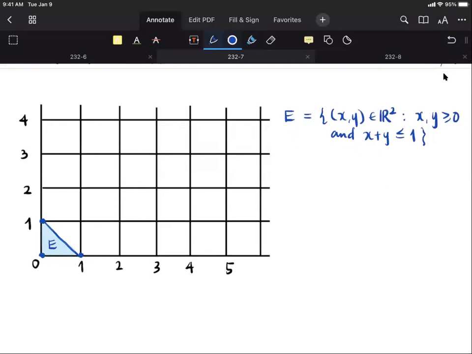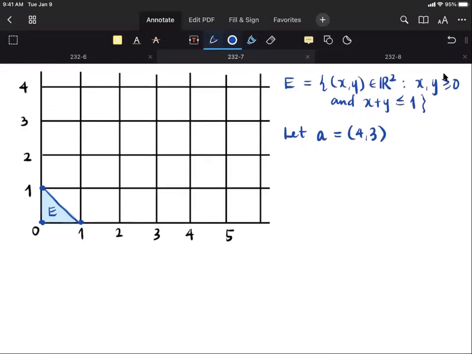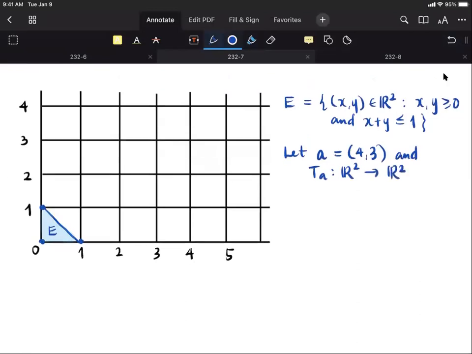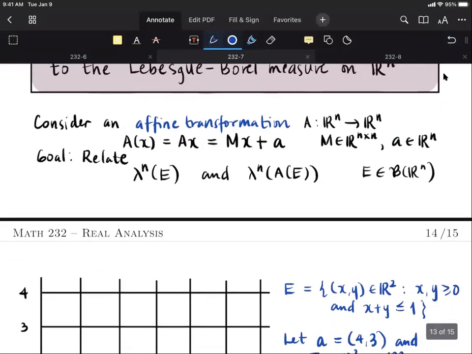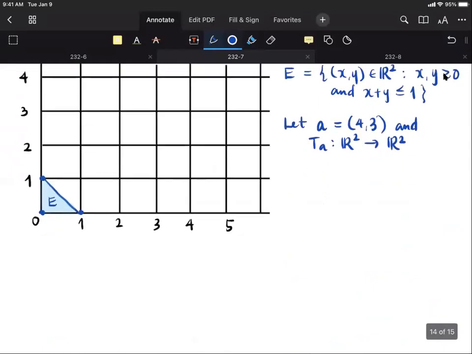What if I take the vector a to be the vector (4,3). And let us define the map T sub a from R2 to R2. So here we are taking M to be the identity matrix first.